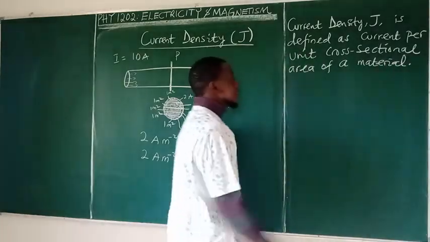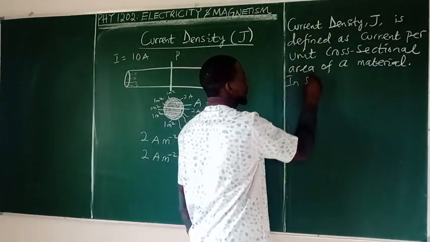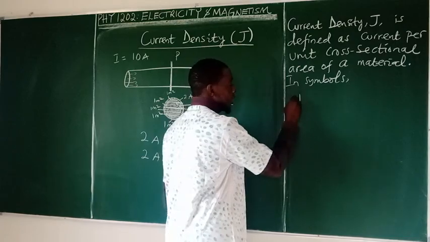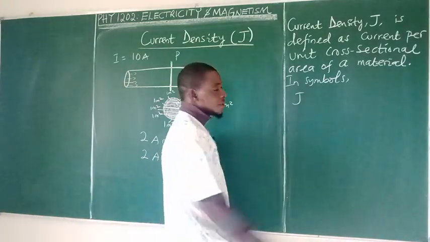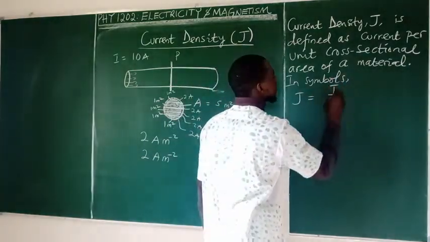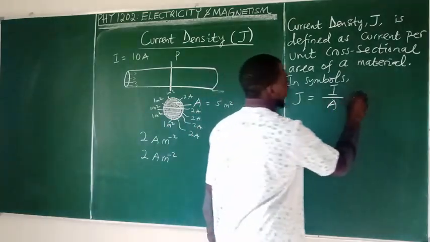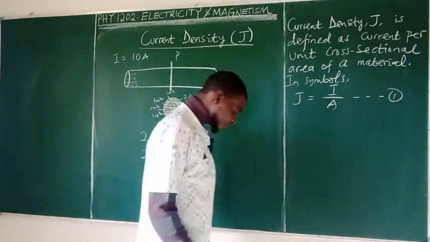In symbols, this is how we write it: J, the magnitude of the current density, is equal to the magnitude of current divided by the cross-sectional area. Let us call this equation 1.